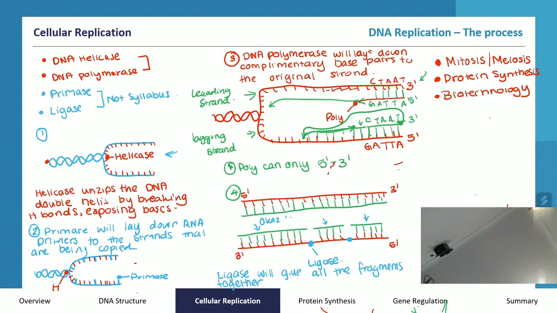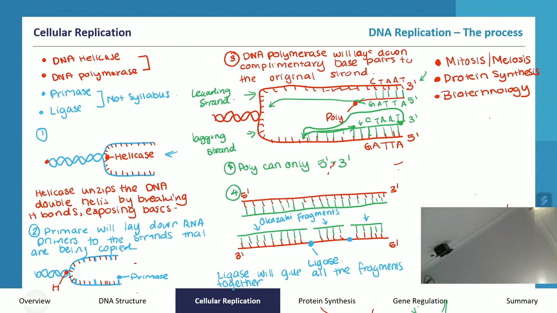That has come up not in a QCAA multiple choice question, but it came up in a mock exam by a different company. So I'm just going to teach you guys, but they are called Okazaki fragments. Ligase's job is to come in and glue all of them together.